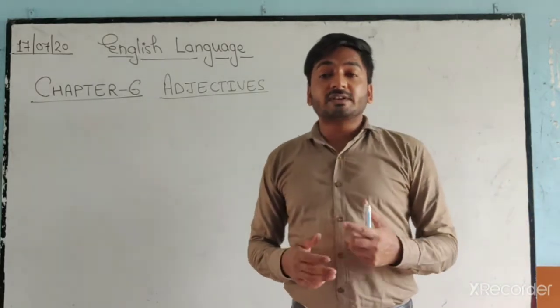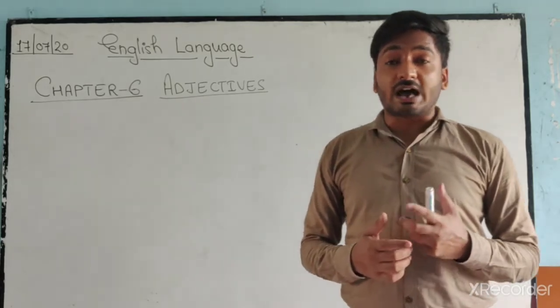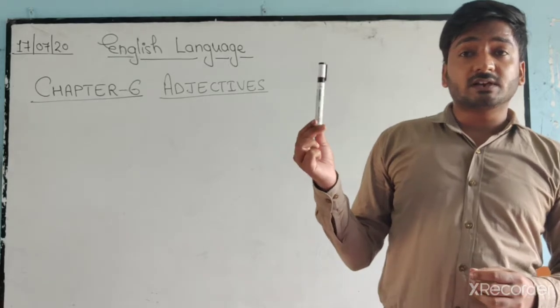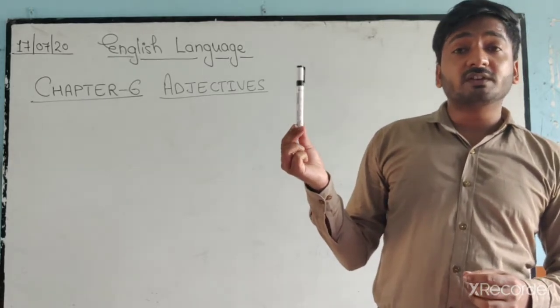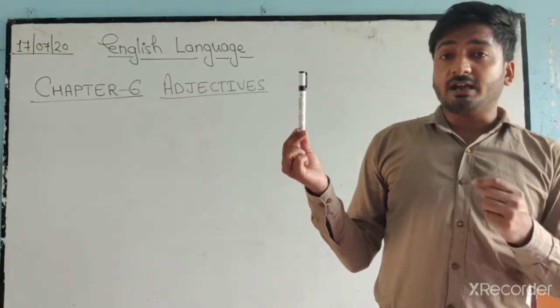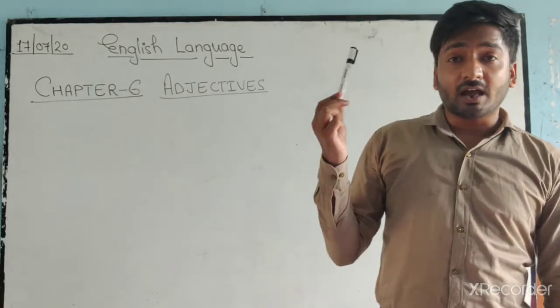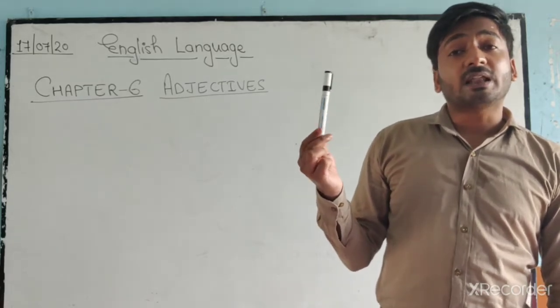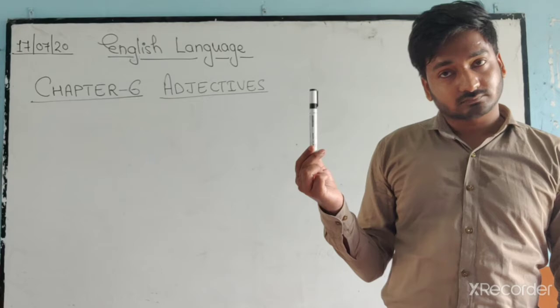Before we start Adjectives, I would like to ask you one thing. What is this? This is a marker which is white and black in color. In number it is 1. I have one marker, which is black and white.